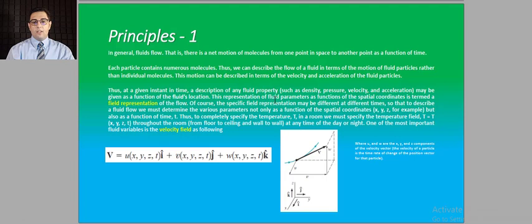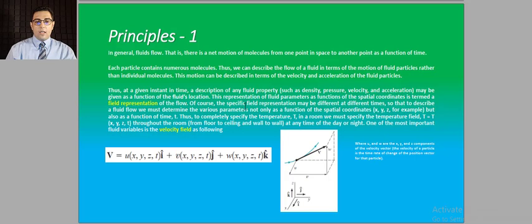This representation of fluid parameters as functions of spatial coordinates is termed the field representation of the flow. So when we are considering the time and the location, it means we are utilizing spatial coordinates. By definition, this utilization is named field representation.